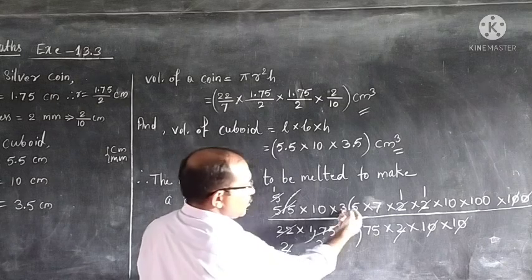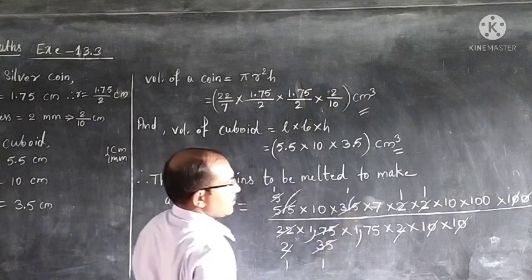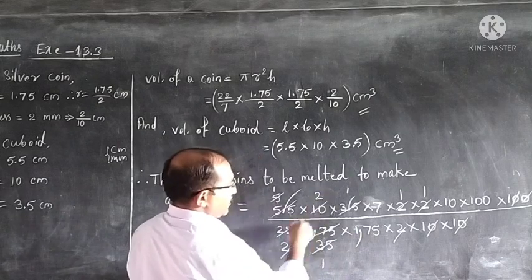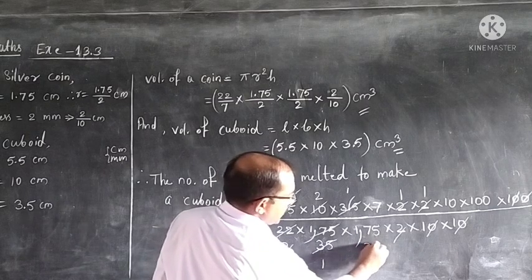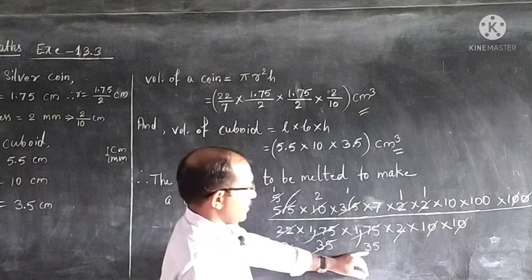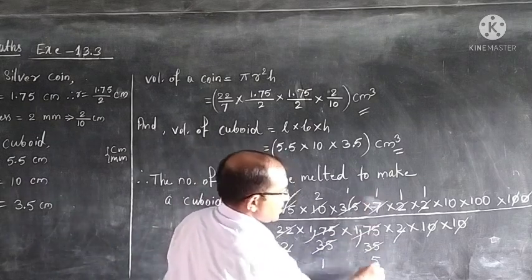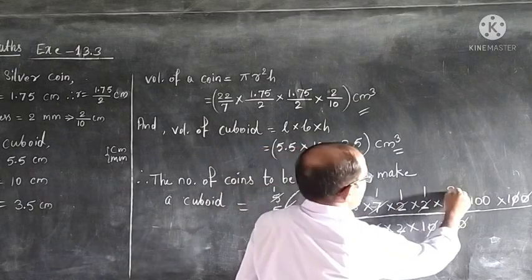This is also gone. Now you look at 35, 35 ones are 35. Now still 10, 175, 5 twos are 10, 5 fives are 25, 35. 7 is here, 7 ones are 7, 7 fives are 35, 5 ones are 5, 5 twos are 10.